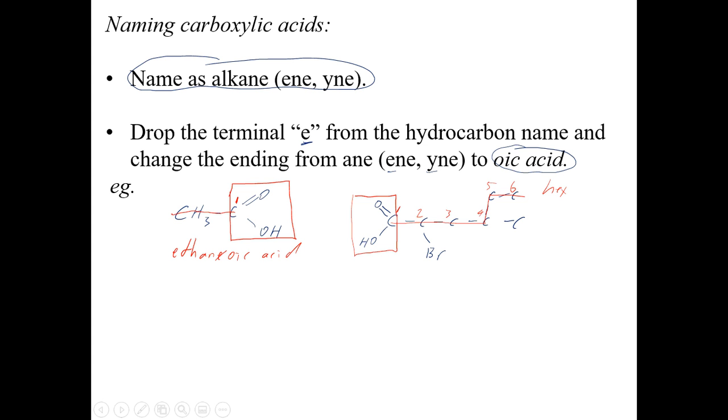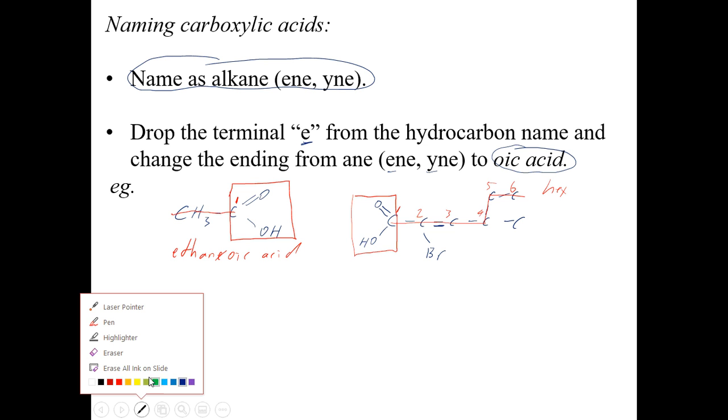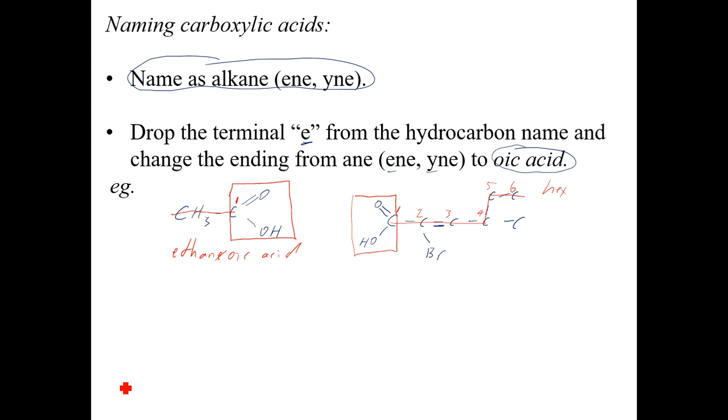Let's throw in a double bond here as well. So let's say that we have a double bond right in here, just to make it a little bit more interesting. So now, not only is it a hex, it's going to be a hexene. And again, it's going to be a carboxylic acid, but for now, I'll just write it as a hexene.